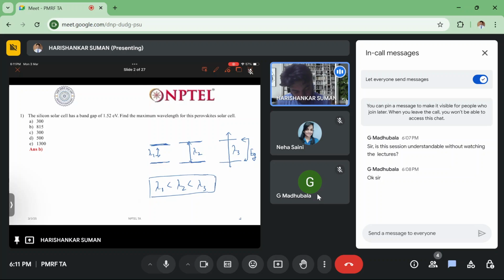Clear now? We know E equals hc/λ. If lambda is minimum, then energy is maximum. This is min, this is max: inversely proportional. Is this clear? Yes, sir.